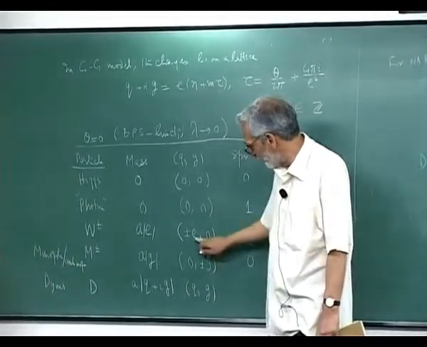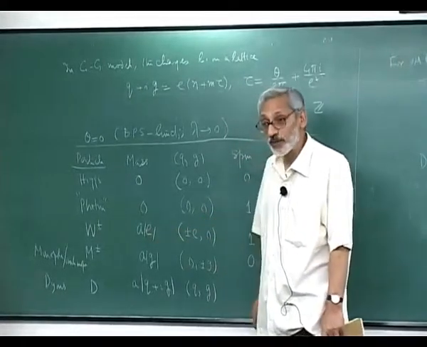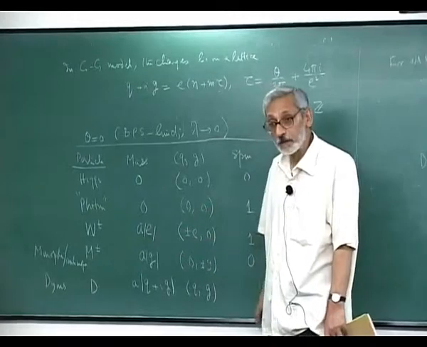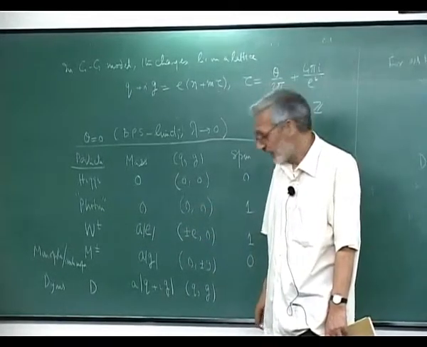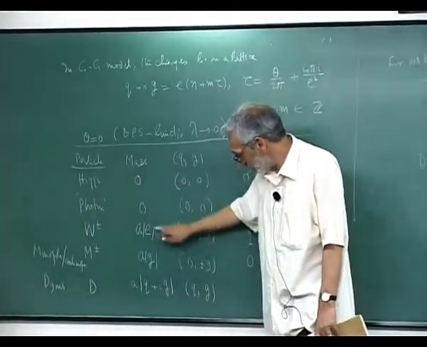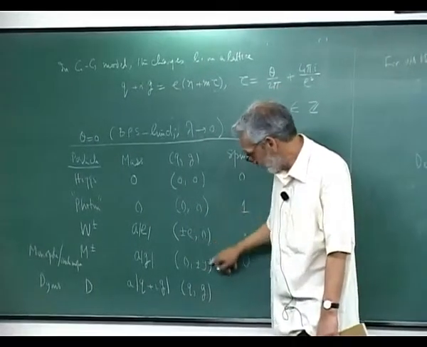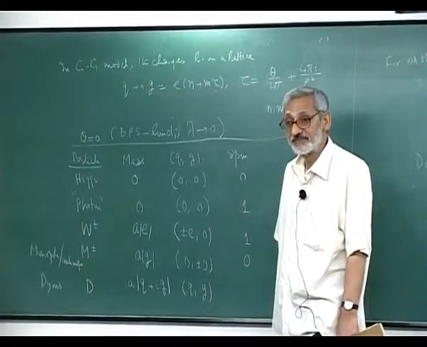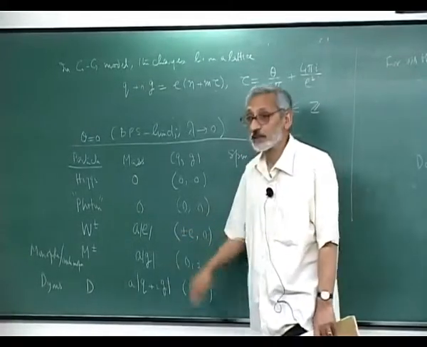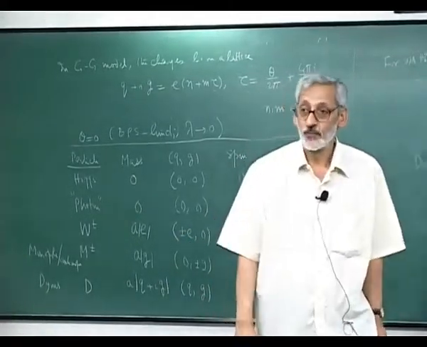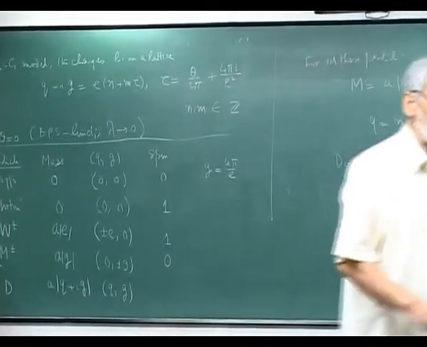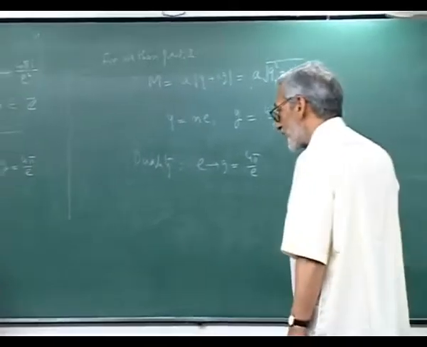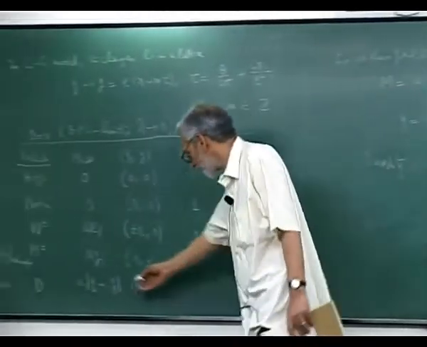Or if you take e to be positive, the smallest positive value, then that formula is all right. So they go into each other. Electric charge goes into magnetic charge, and masses are preserved. So there is a certain kind of duality property here, and for dyons that's true also by construction.